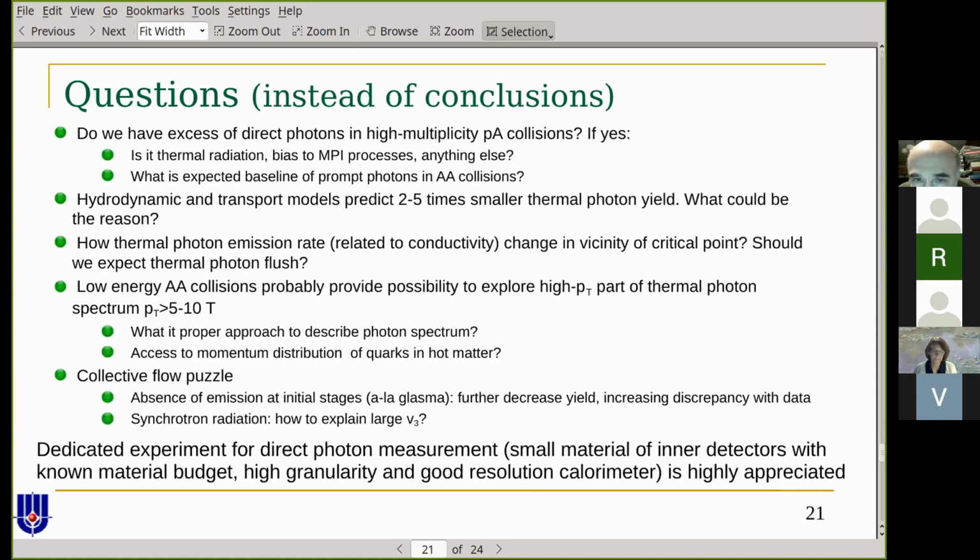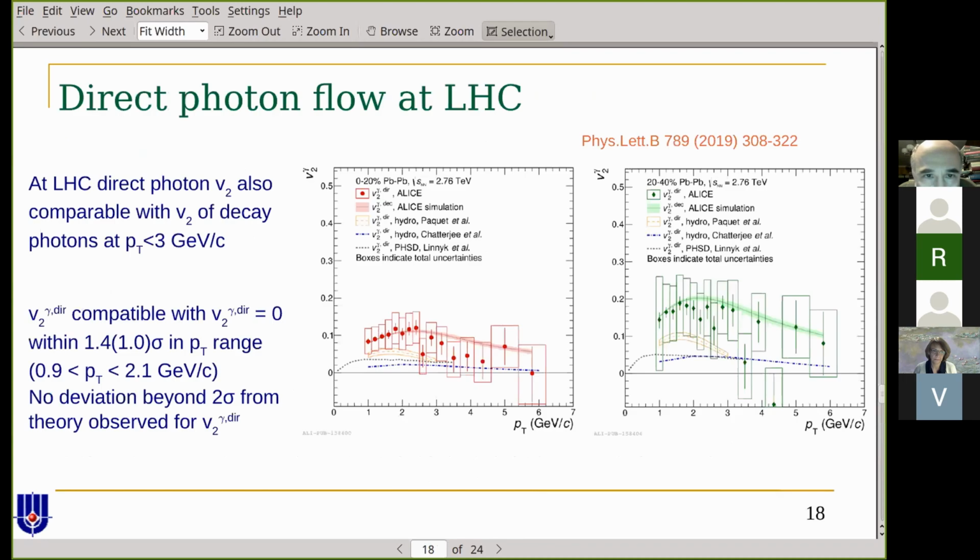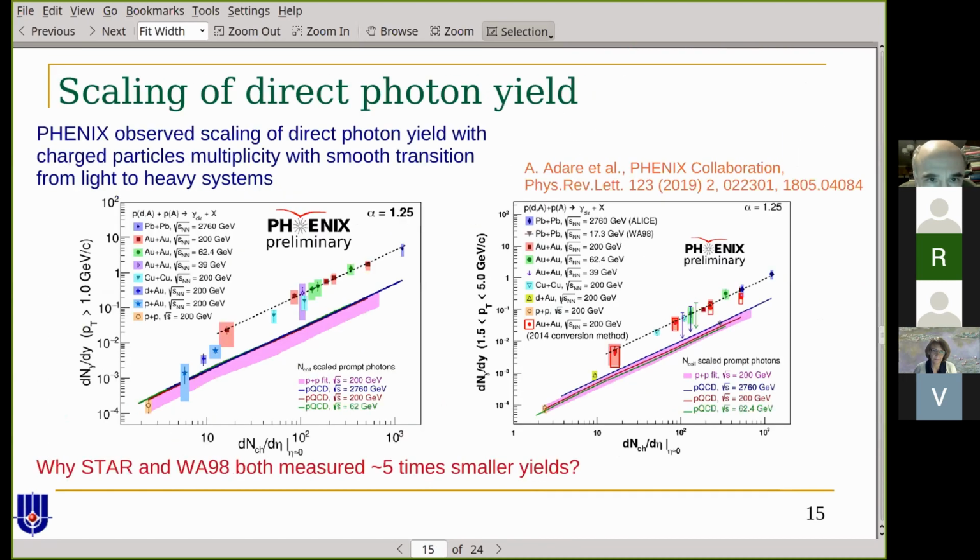The question of mine is the following. You showed for the photons power-like behavior with parameter n. I am curious, what is the value of that parameter n? Okay, it is shown on the slide, on the plot, it is 1.25.